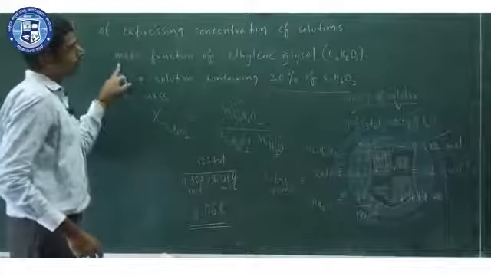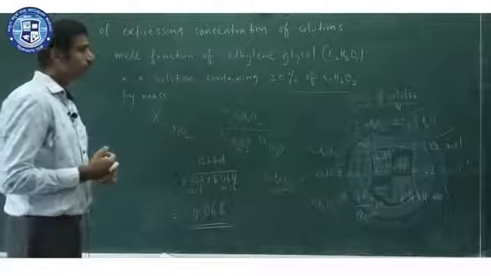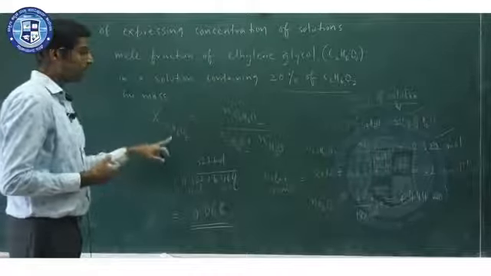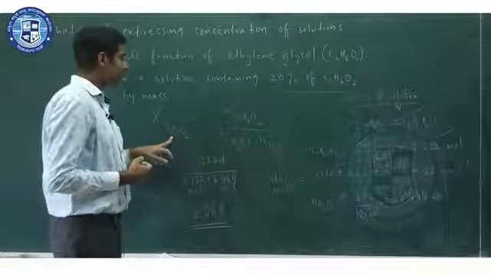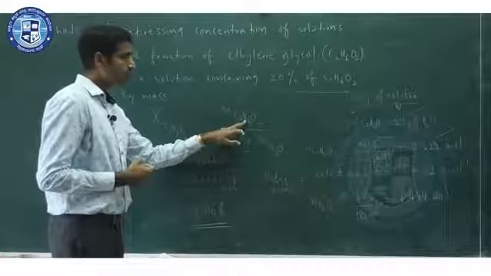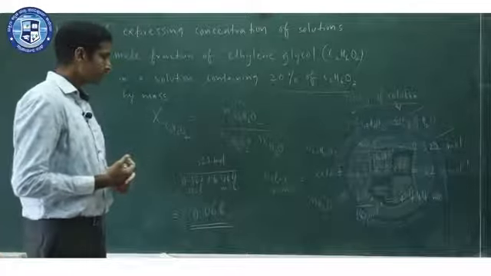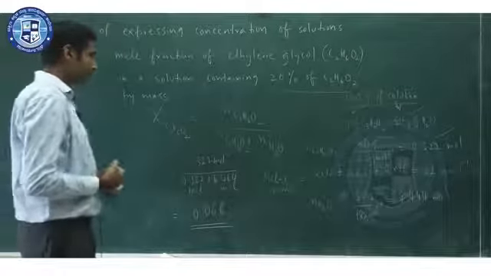In this problem, mole fraction of only ethylene glycol is asked, but you could also calculate, if needed, the mole fraction of water. All you have to do is, instead of ethylene glycol, take the number of moles of water in the numerator and calculate. There is another method for calculation of mole fraction of water.